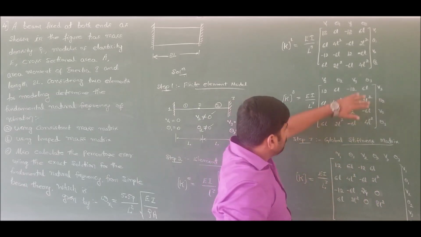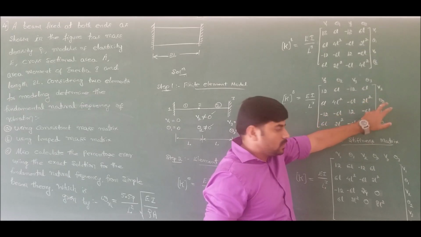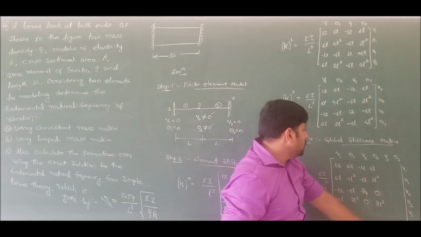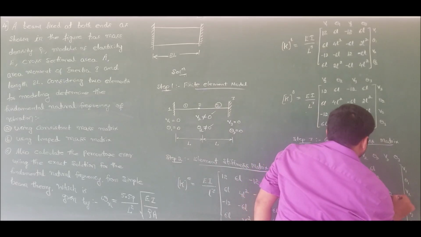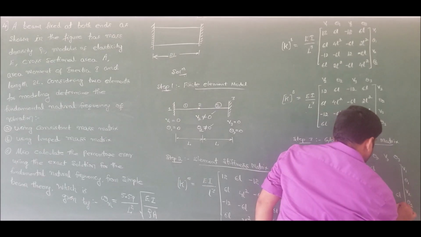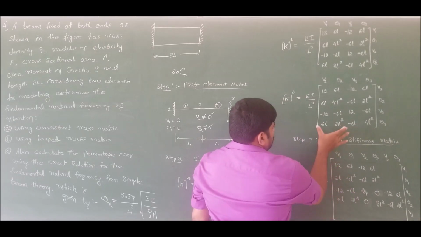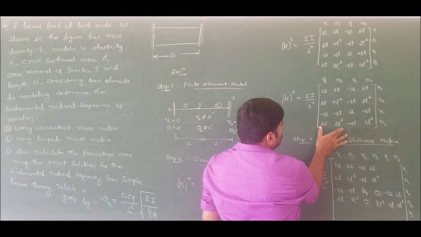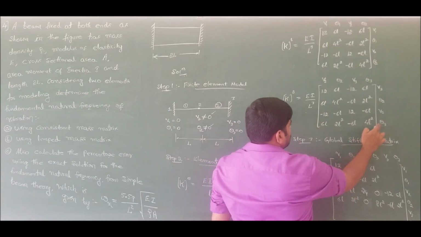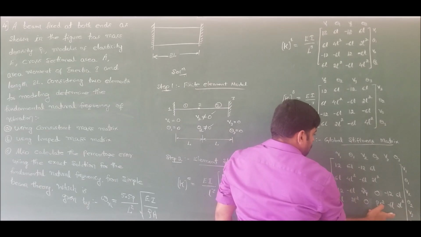Now coming to these 4, we have the order V3 theta 3 cross V2 theta 2. So filling which, I will get minus 12, 6L, minus 6L, 2L square. Coming to these 2 rows, in the row V3 I should start from V2 and end at theta 3.